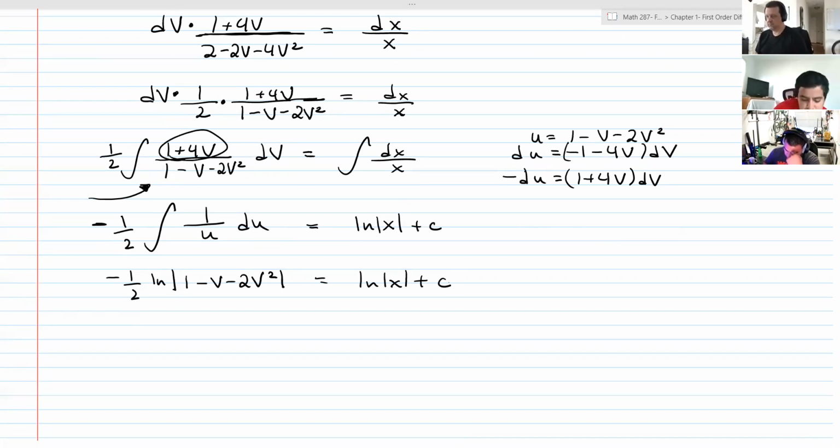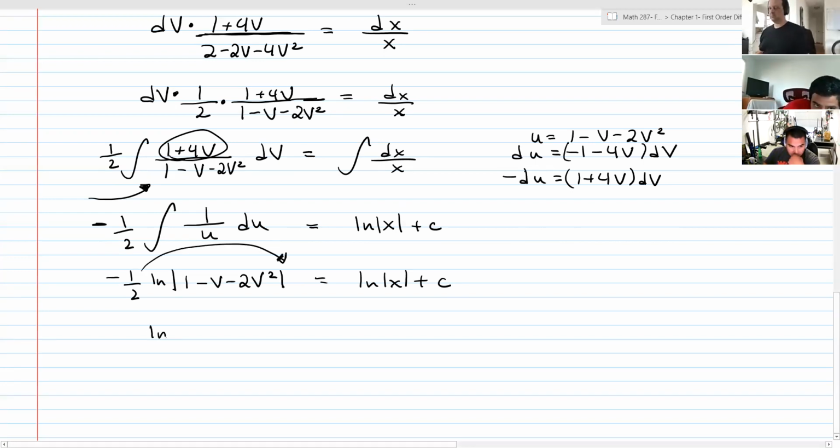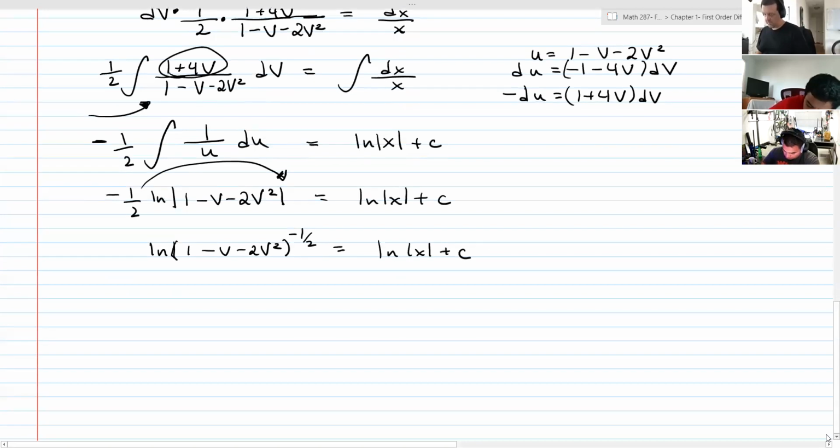Now remember, when we talked about first order, when we talked about separable, what we want to do is bring that negative 1/2 and make it the power. So this ends up being the natural log of 1 minus v minus 2v squared to the negative 1/2, and that'll equal the natural log of x plus c. Then we'll raise both sides to the e power.